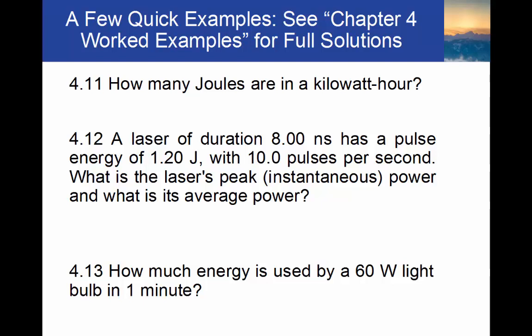I'd like to finish this set of worked examples by looking at a few examples that have to do with average and instantaneous power. And actually, of these, the first example is how many joules are in a kilowatt hour. This one is not so much to illustrate power per se.